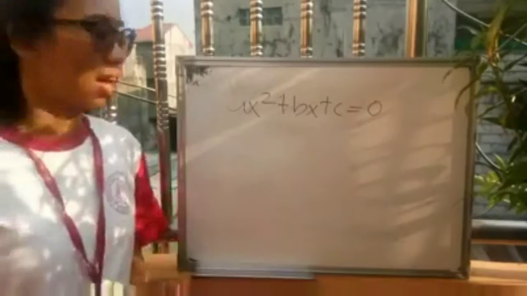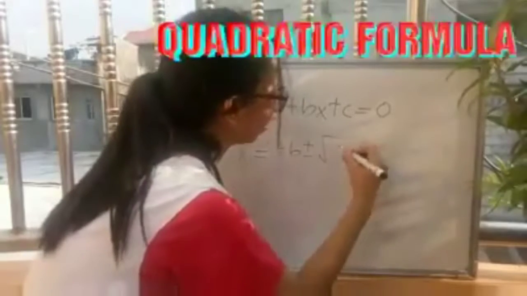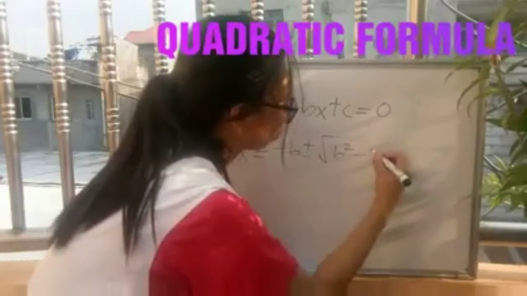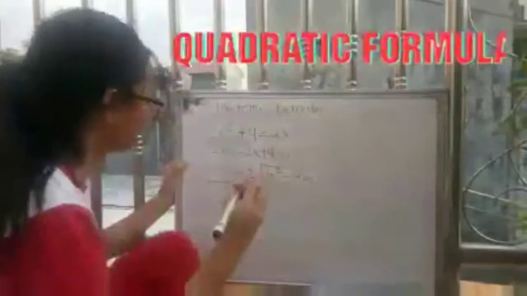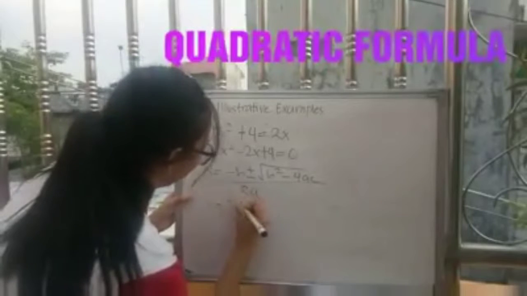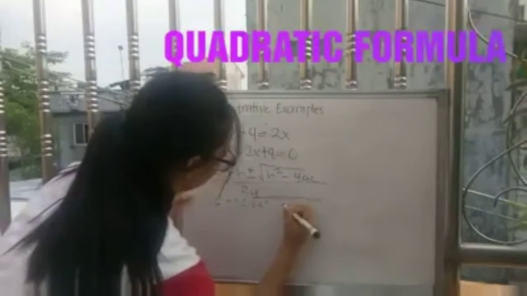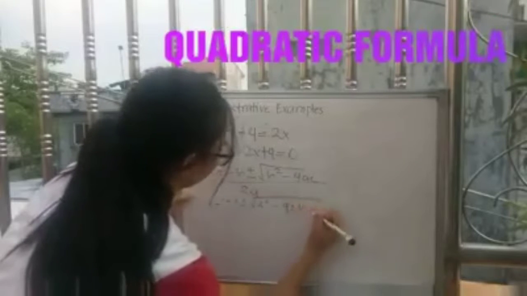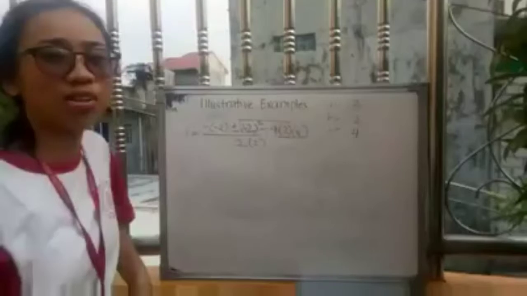And it becomes x is equal to negative b plus or minus the square root of b squared minus 4ac, over 2a. Now, let's solve it.